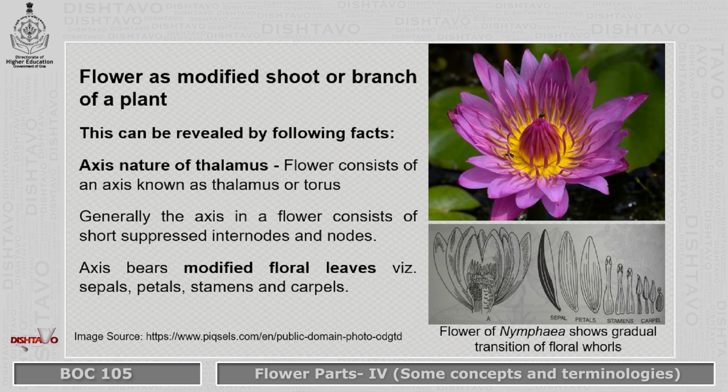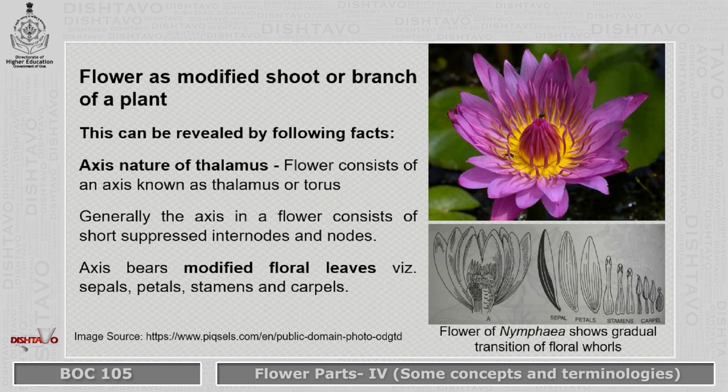Thalamus is nothing but the reduced nodes and internodes, and it forms the axis of the flower. So this axis or the thalamus bears the different floral whorls, which are modifications of leaves. The leaves are modified into sepals, petals, stamens, and carpels.